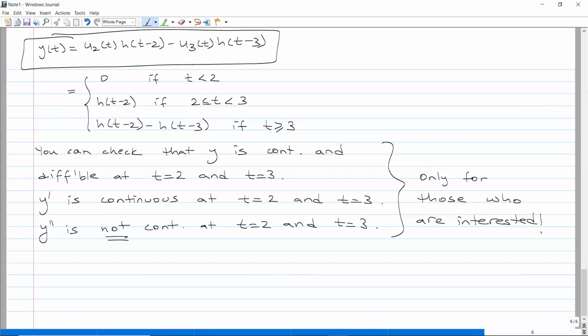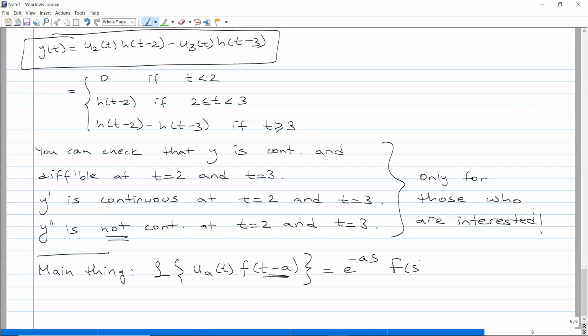Okay, and the main thing to remember is that when you're taking a unit step function, the function in front of it should be translated, shifted by a. And on the other side, we don't shift the Laplace transform of f. Capital F stays at s, but the one in the t world should be shifted by a.